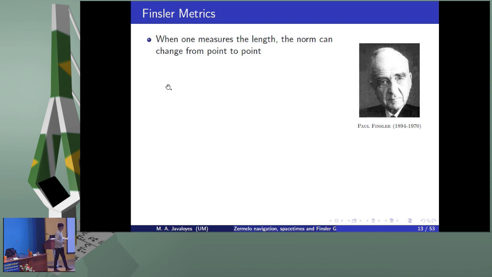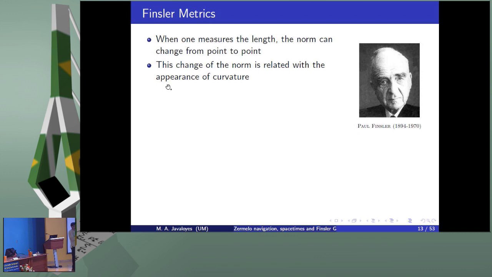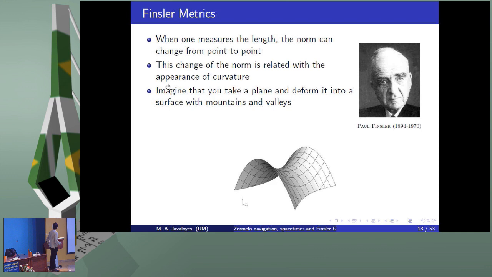Well, this is a norm, or a Minkowski norm, in a tangent space. When we want to measure the length of a curve, sometimes the norm can change from point to point. This change of the norm, the fact that the metric depends on the point, is related with the curvature. Imagine, for example, a plane in R3.